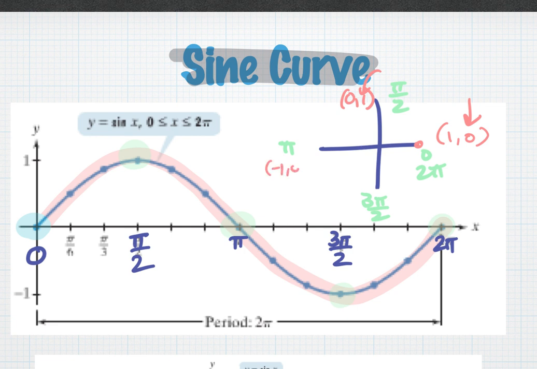At pi, (-1, 0), my sine is 0. At 3 pi over 2, (0, -1), the sine is -1, and then you double back around, and your sine would be 0. Those are these exact points. At 0, it was 0. At pi over 2, it's 1. At pi, it's 0. At 3 pi over 2, it's -1. And at 2 pi, it's 0. That's where the curve finds its shape.